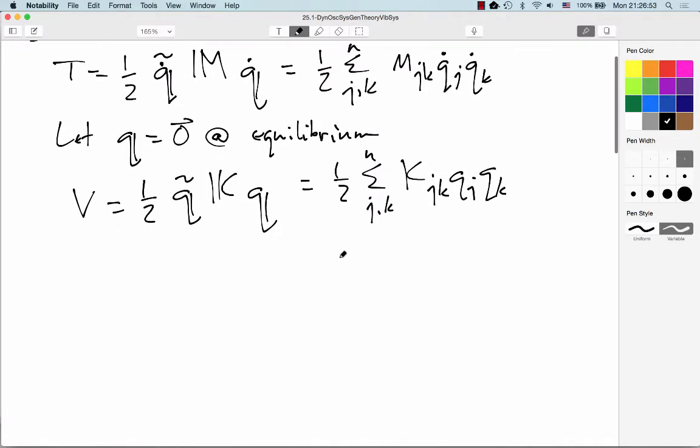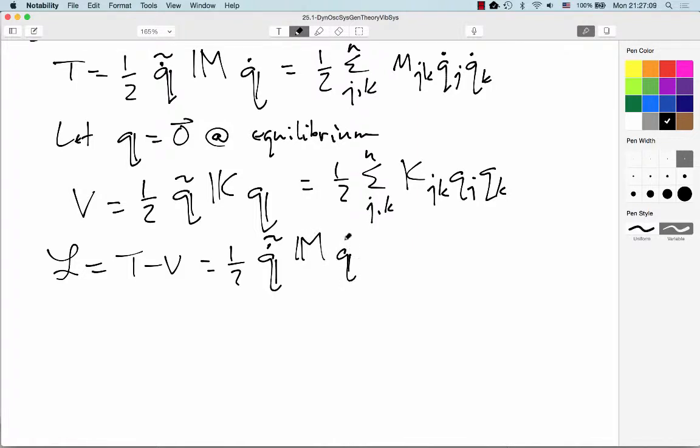All right. So we can write our Lagrangian then. That'll be T minus V. So that will be 1/2 q dot twiddle m q dot minus 1/2 q twiddle k q.